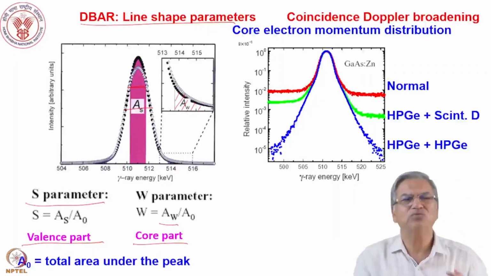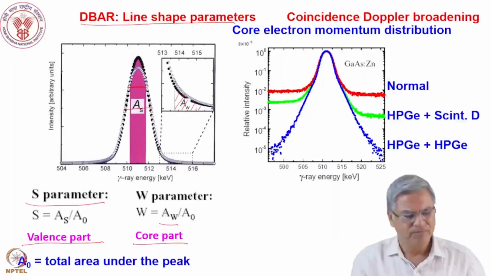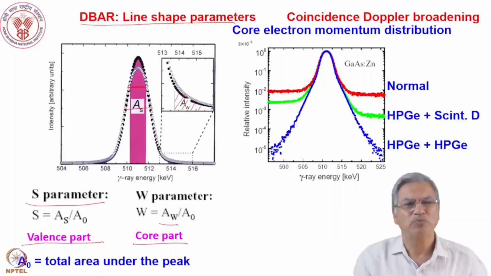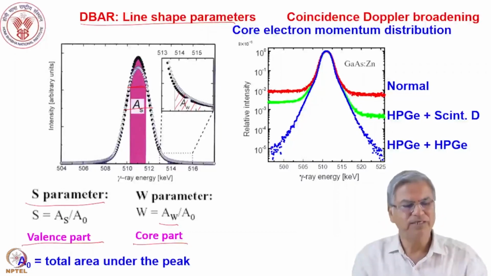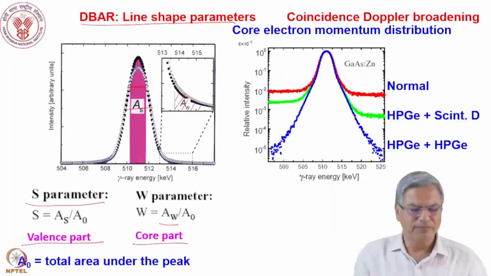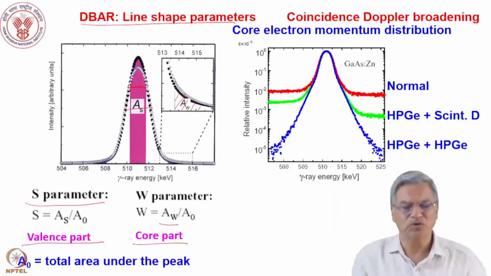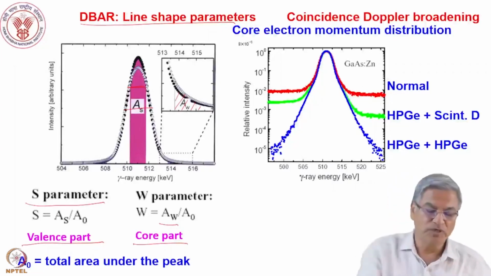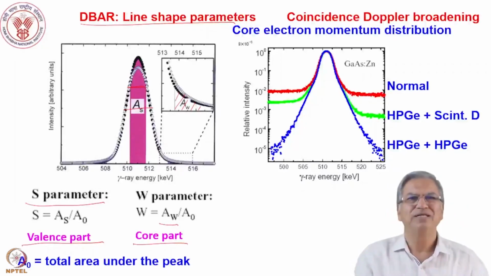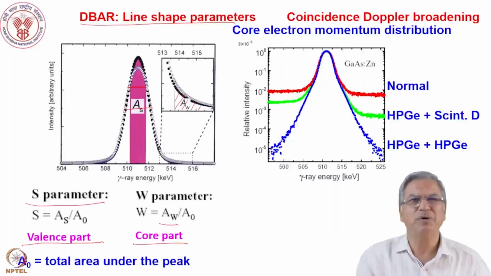So you can try to get from the Doppler broadening the valence electron and core electron momentum. In fact, from the normal DBAR experiment data, it's difficult to get the W parameter, because the W width is in the tail part, the wider part. In the tail, you may have content due to other high energy gamma rays, or there can be background, so background will be more.